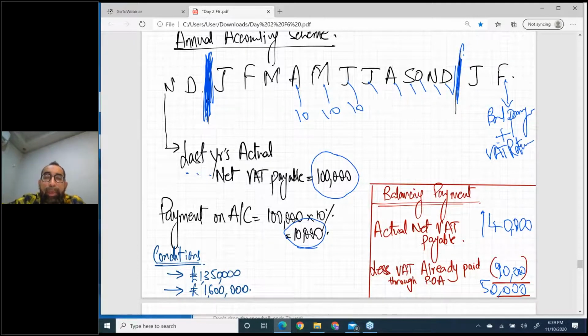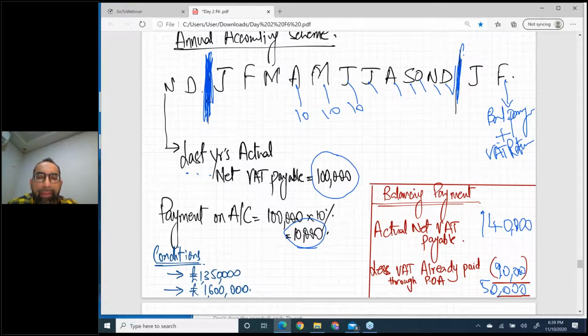Now you can see this big picture. This big picture says only one VAT return in the whole year. So this is the advantage of this scheme, that your administrative burden will be reduced.